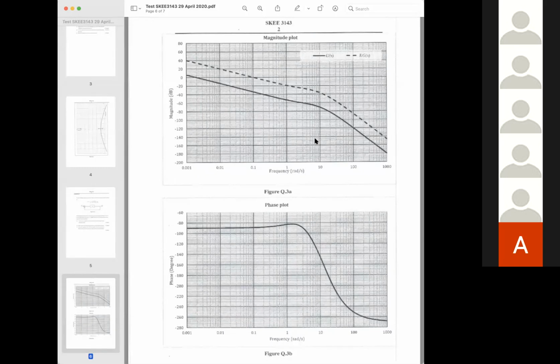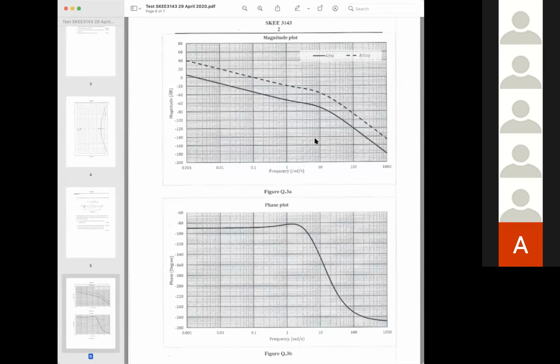So 5 info: GM, omega GM, PM, omega PM, and the system stability.